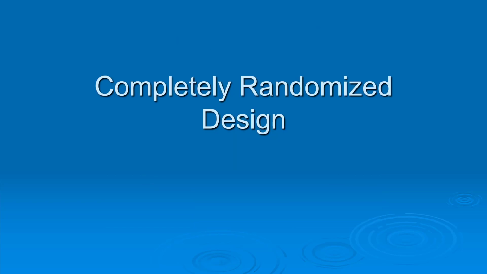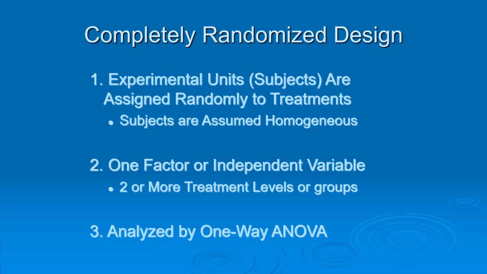Okay, let us talk about the use of ANOVA in completely randomized design. Completely randomized design is very popular in medicine and public health. Research subjects are randomly assigned to treatment. Those subjects should come from the same target population and have similar characteristics.